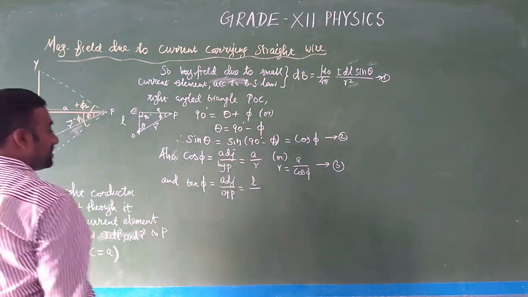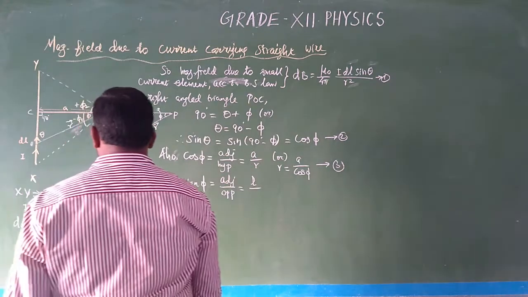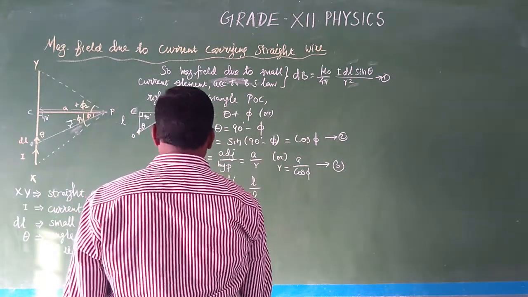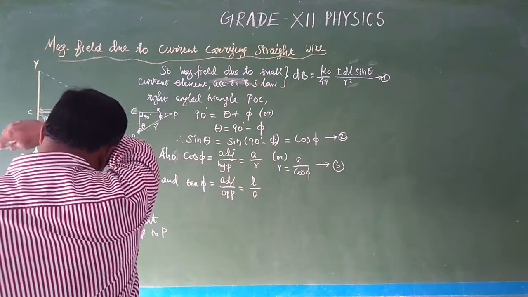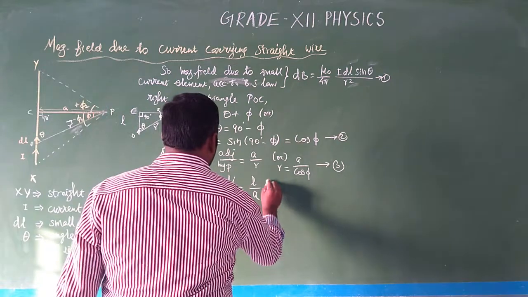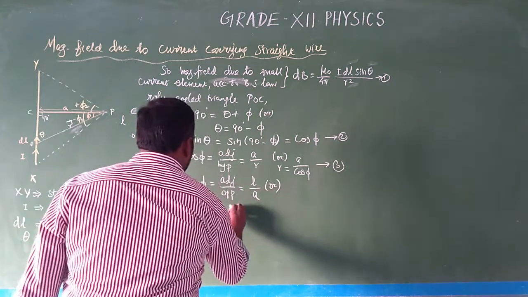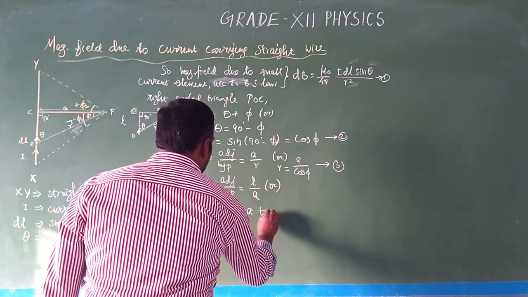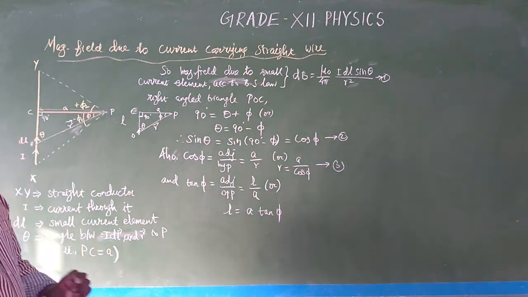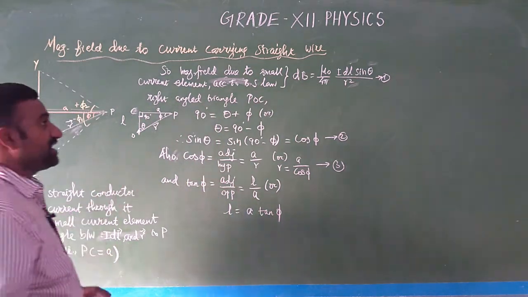L ஆ இருக்கும், total length. And the opposite is L. What is the tan phi? Opposite by adjacent, that is L by A, or L is equal to A tan phi. ரொம்ப சிம்பிள் தான், ஒன்றும் பெரிய கஷ்டமே இல்லை. L is equal to A tan phi.